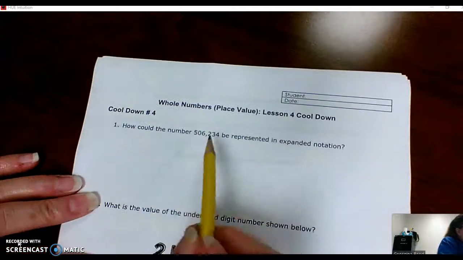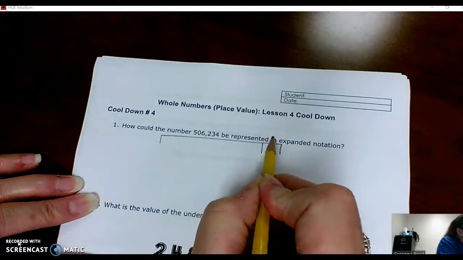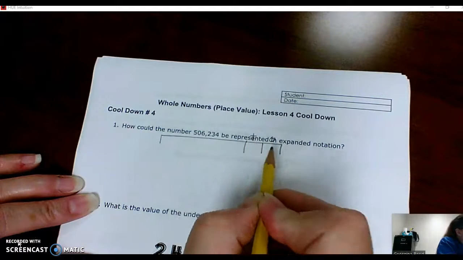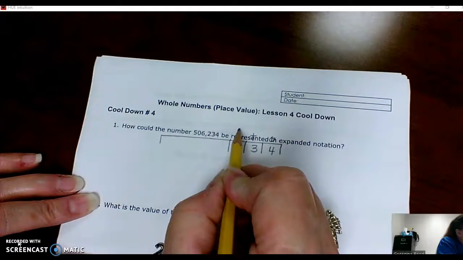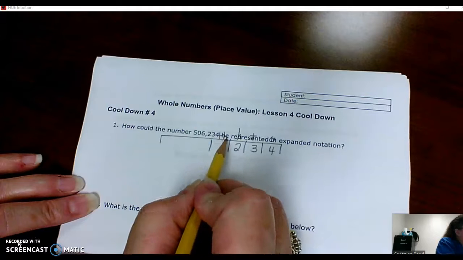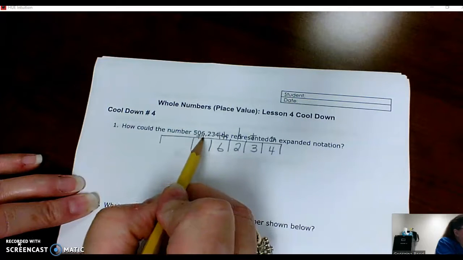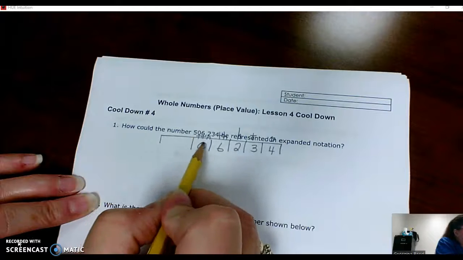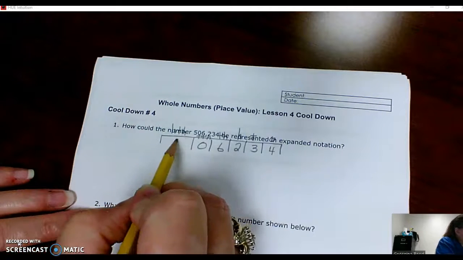When I have this number, I need to put it in a place value chart to help me understand what it is. So my 4 and 3, and then in my hundreds is a 2, and then in my thousands is a 6, and my 10,000s is a 0, and in my 100,000s is a 5.